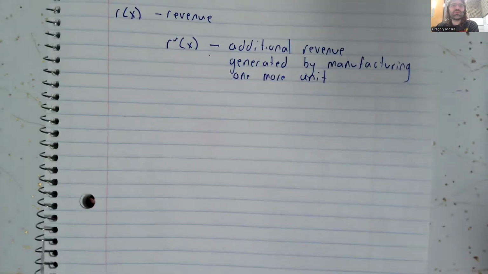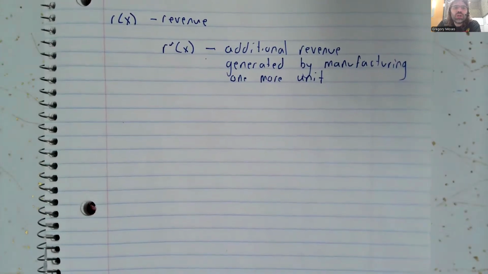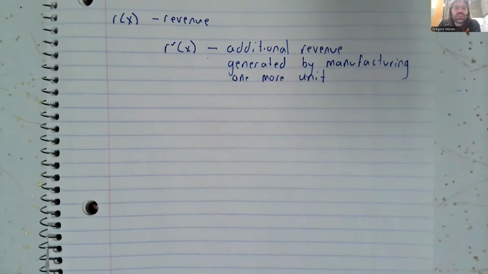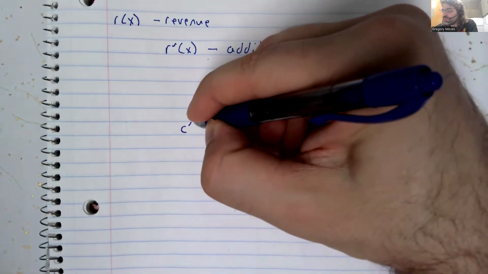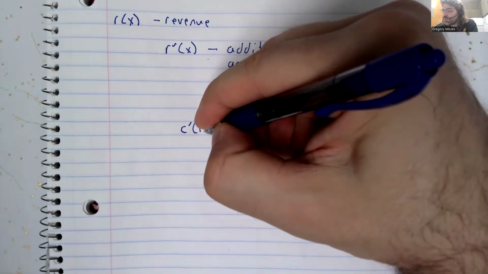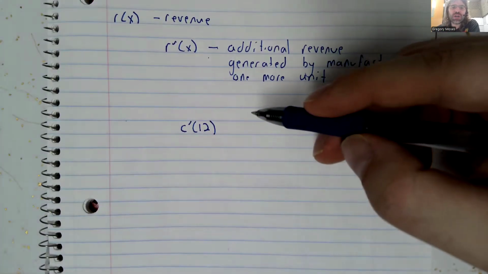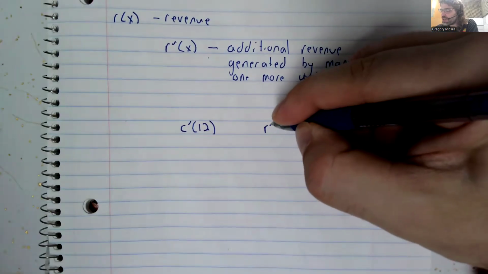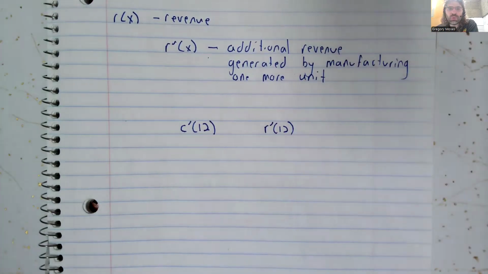Once you have these formulas, of course, you can ask questions. Should you manufacture a 13th unit? Manufacturing a 13th unit will create additional cost, C prime of 12, and it will create additional revenue, R prime of 12.